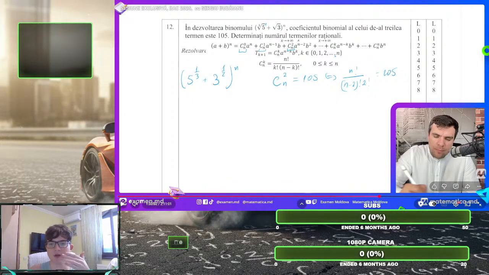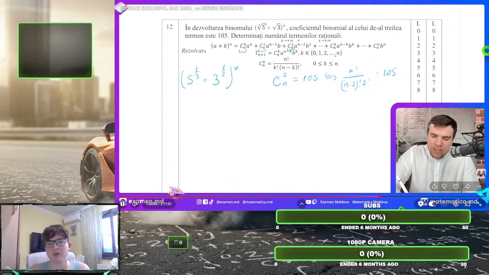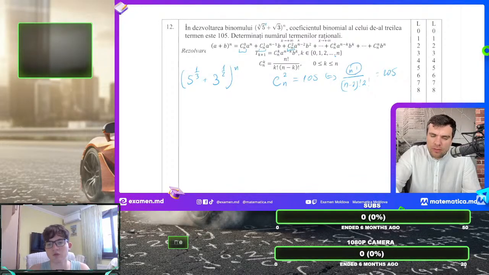So I have n minus 2 there, which is correct. So we need to simplify this n minus 2 factorial. So how to do that? At the top I just have to write down n minus 2 factorial and then n minus 1 and n. And I'm gonna simplify 2 factorial, which is just 2.